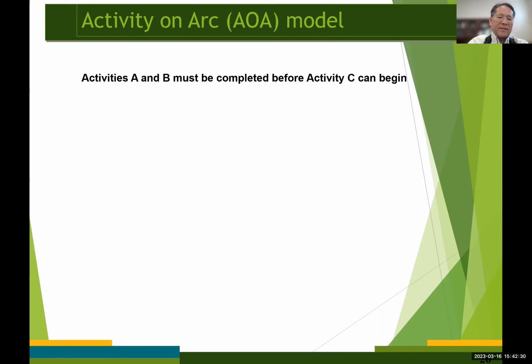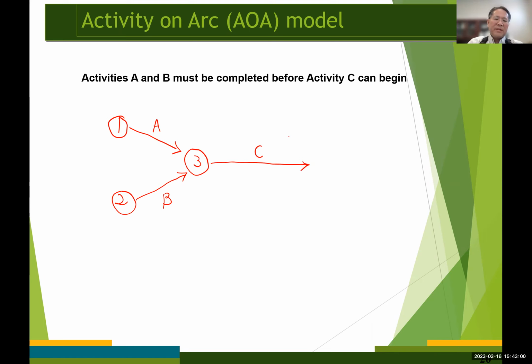In this case, I have nodes 1 and 2 down here, with activity A and activity B. Then I'm going to have event number 3, and I have activity C, something like that. Here, node number 3 represents the event that both activities A and B are completed.